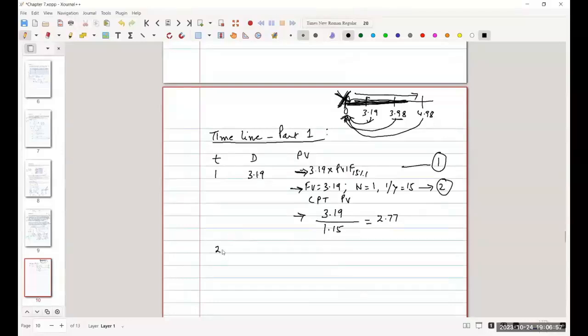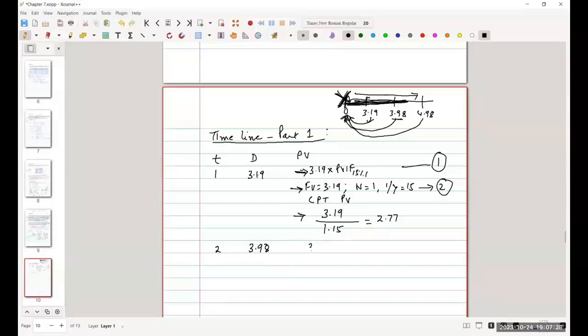Second time period, we received how much dividend? 3.98. And we will calculate its present value, because what are we wanting to do after all? We are wanting to find out the present worth of the stock so that we know how much to pay for it. So 3.98 will be incoming 2 periods from now. So what is its present worth? Again, any of these 3 methods can be used.